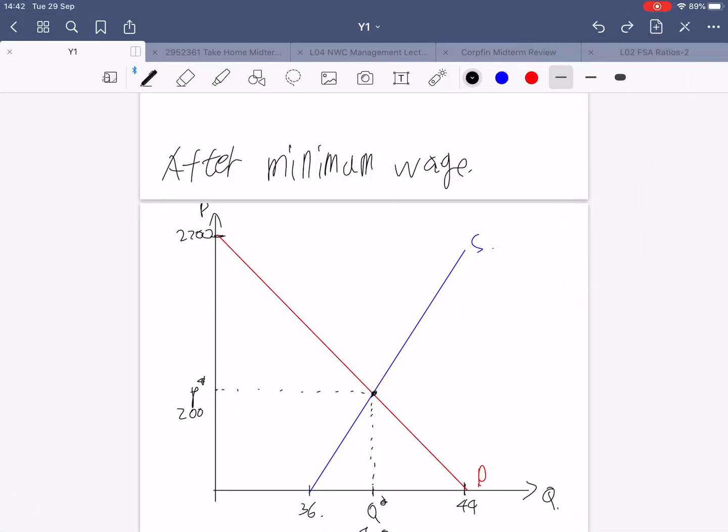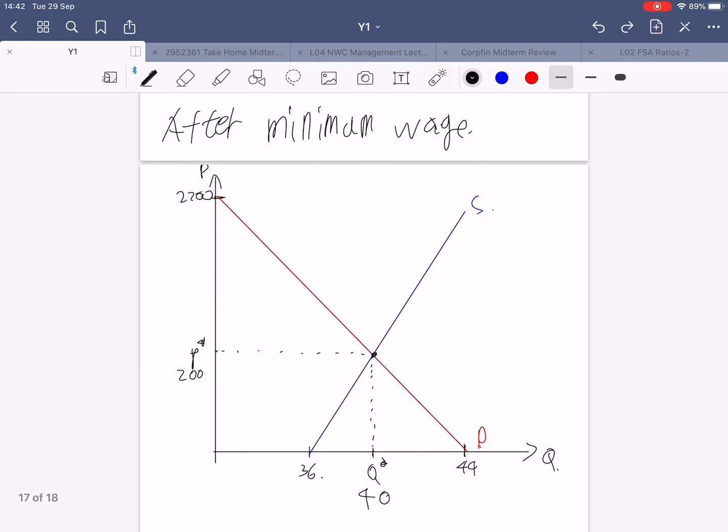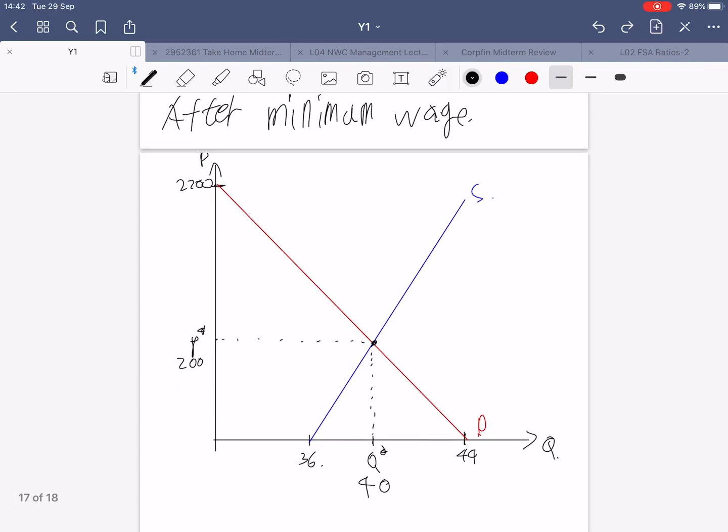Okay, so for after imposing the minimum wage, you're going to use the same graph. As the question mentioned, the new price is going to be 300, so it is going to be around here.